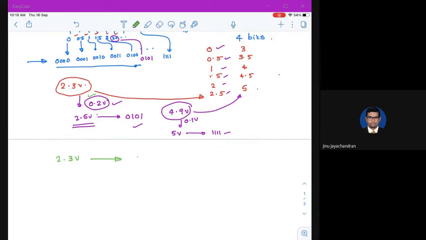The division is 2.3 divided by 0.05, and you see that this will definitely divide evenly. I think this is the 46th division.